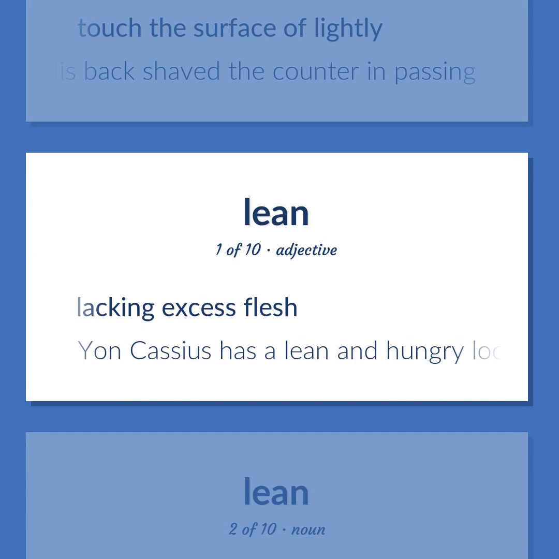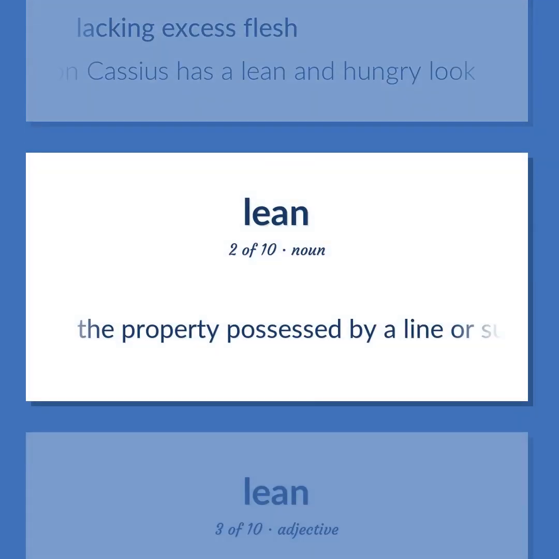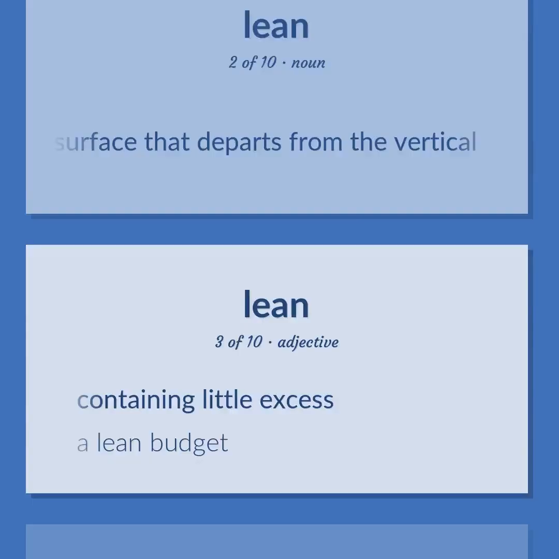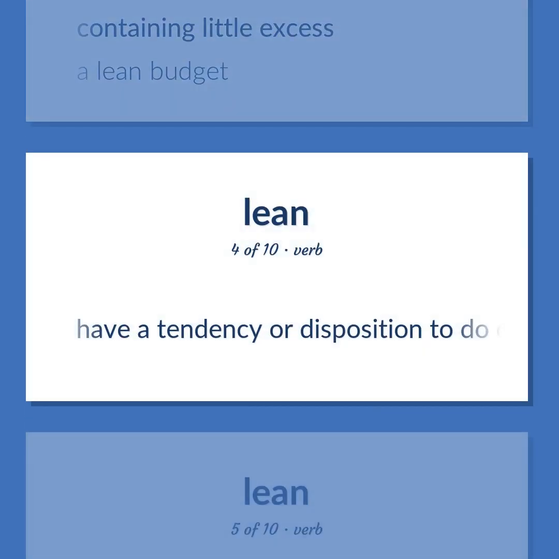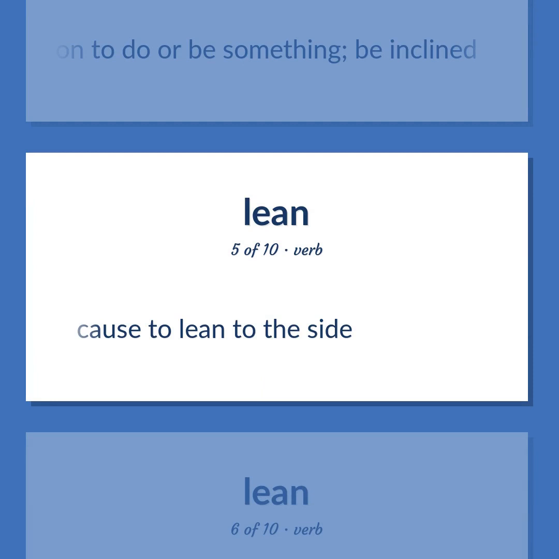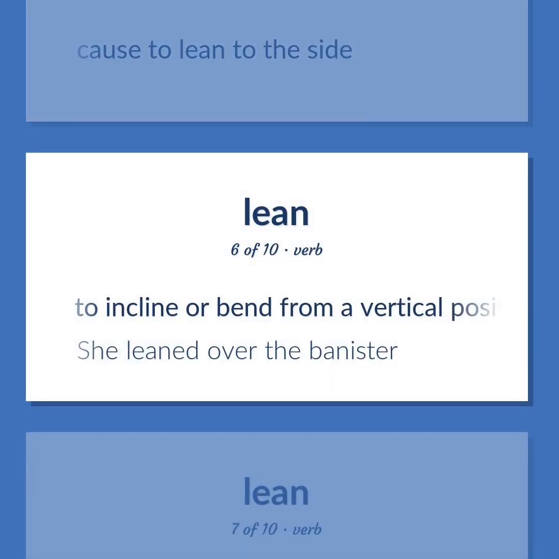Lacking excess flesh. Julius Caesar's Cassius has a lean and hungry look. The property possessed by a line or surface that departs from the vertical. Containing little excess. A lean budget. Have a tendency or disposition to do or be something, be inclined. Cause to lean to the side. To incline or bend from a vertical position.